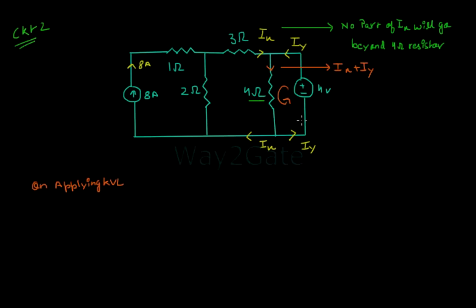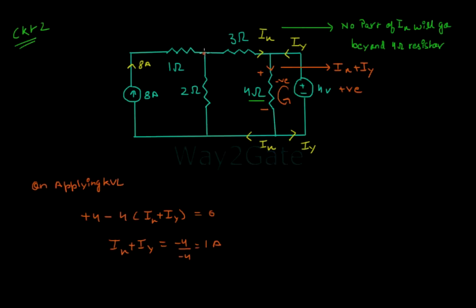As current is traveling from negative to positive terminal, we have voltage rise across 4 volt supply, that is plus 4, and voltage drop across 4 ohm resistor, therefore minus 4 into Ix plus Iy is equal to 0, and on calculating we will get Ix plus Iy is equal to 1 ampere.